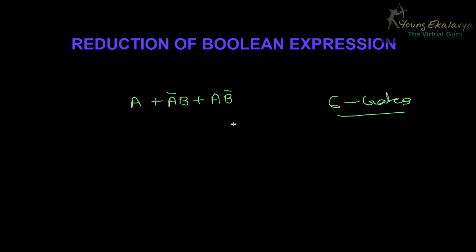As I have said, our engineer's property is that we try to spend less and expect more. So how to reduce this hardware cost? That is simple. If we want to reduce our hardware cost, then we need to reduce these terms. All the Boolean expressions can be reduced to some extent.